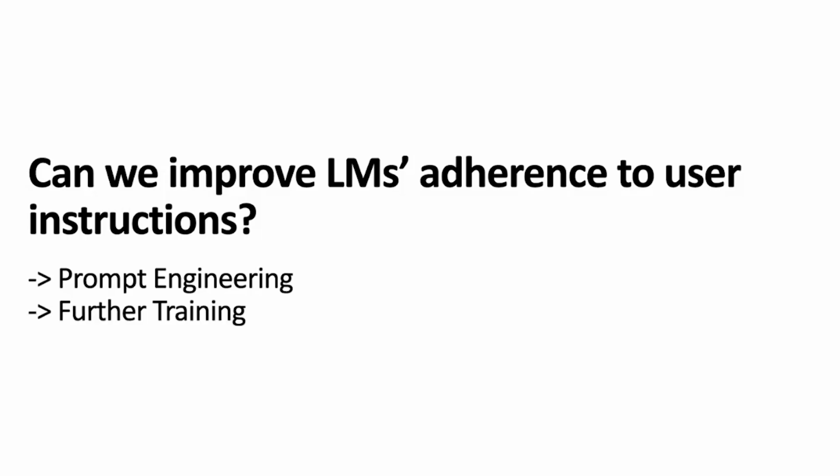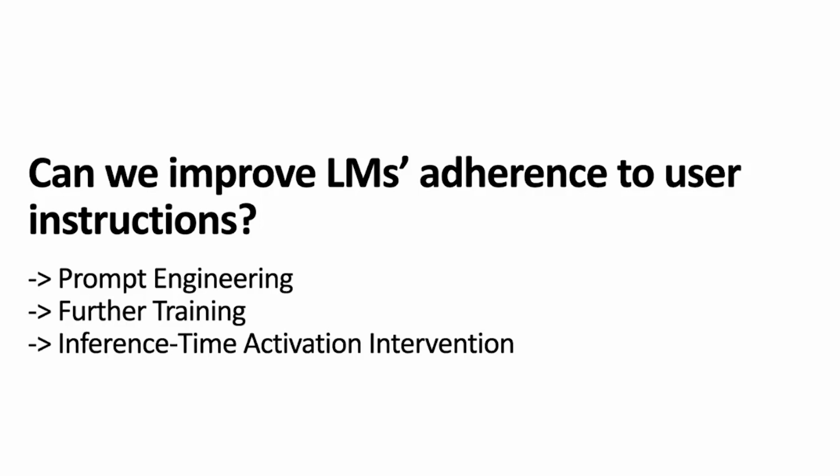Another way one can think of tackling this problem is by further training the model. Obviously, most user-facing language models are trained, fine-tuned, RLHF'd, so additionally trained in some way to be more user-friendly and to better satisfy whatever the user's request. So again, lots of work in this area to improve the model's capabilities.